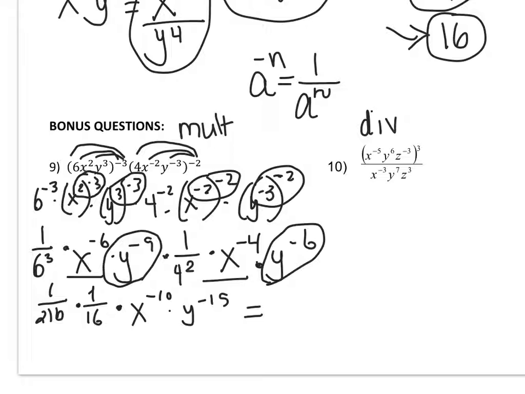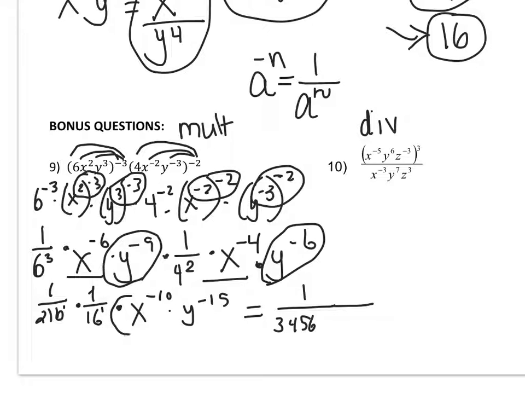Well, the 216 is to the first power down here. The 16 is to the first power down here. So as far as the fraction goes, the 1 is going to stay in the top. The 216 and the 16 can stay in the bottom, but let's multiply them at least. 216 multiplied by 16 gives me 3,456 in the bottom.